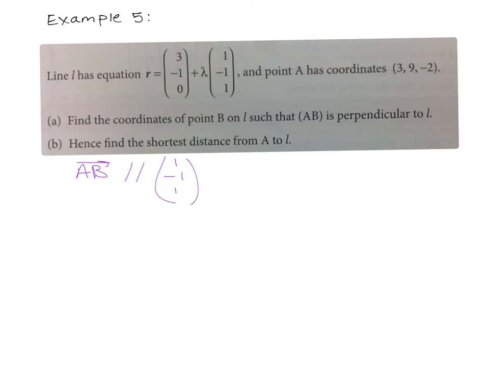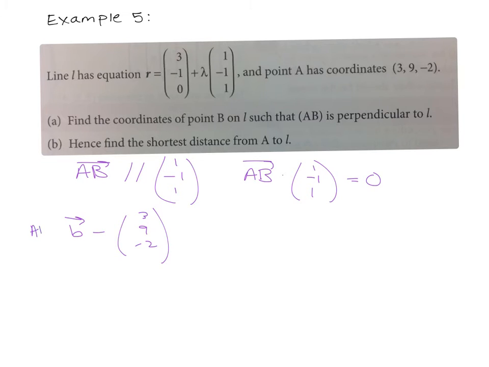So we know that they are perpendicular. That also means that the dot product between them will have to be 0. So that's important to keep in mind too. Now, in order to find the vector AB, we would take the position vector B minus the position vector A, which we know is 3, 9, negative 2.